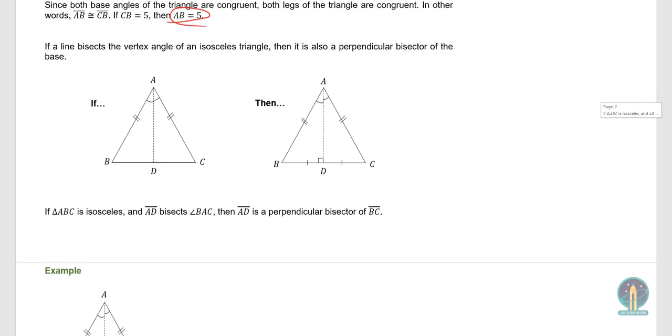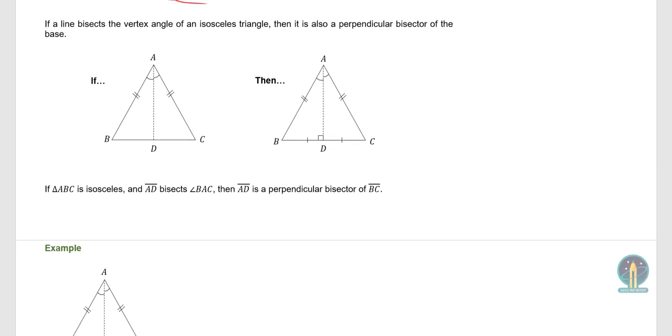Another rule to note for isosceles triangles is that if a line bisects the vertex angle of an isosceles triangle, then it is also a perpendicular bisector of the base. So if we have line AD bisecting angle A in an isosceles triangle, both legs equal, then this line AD is also a perpendicular bisector of the base BC.